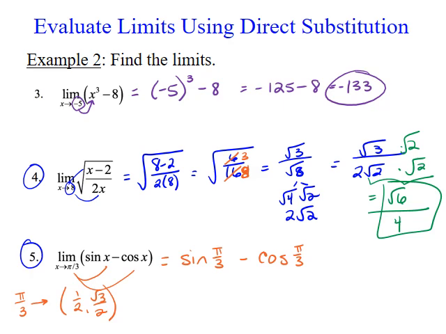Remember, the x value is cosine, the y value is sine, so we will have the square root of 3 over 2 minus 1/2, and you can write this as a single fraction over 2, the square root of 3 minus 1. So this is using direct substitution.